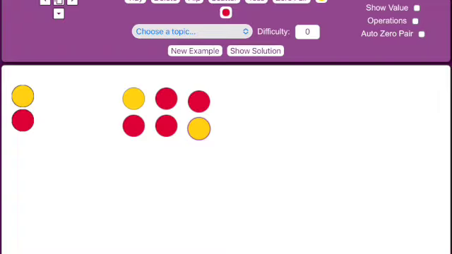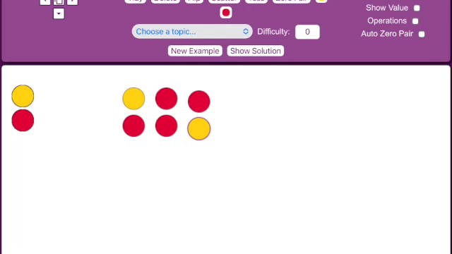Okay, this time my whole is made up of 6 whole pieces, 6 counters, 6 very much intact objects, okay? And I talk about a fraction of my whole or a fraction of my set based on the number of counters that are yellow, the number of counters that are red.